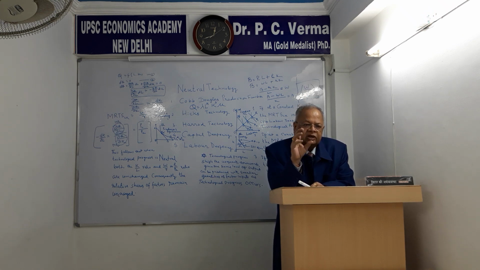But the basic thing is economics. Del Q by del L in mathematics is the partial derivative, the first partial derivative of the production function with respect to labor, and likewise with respect to capital.